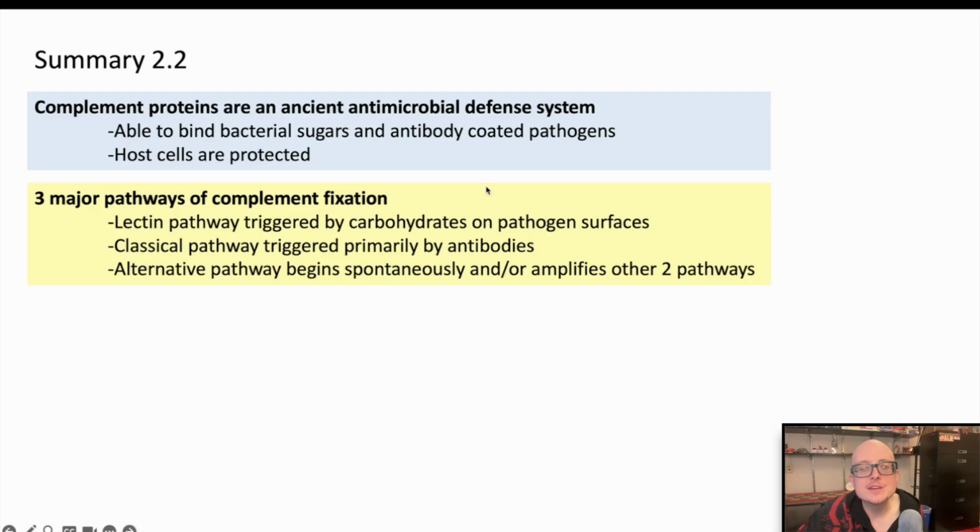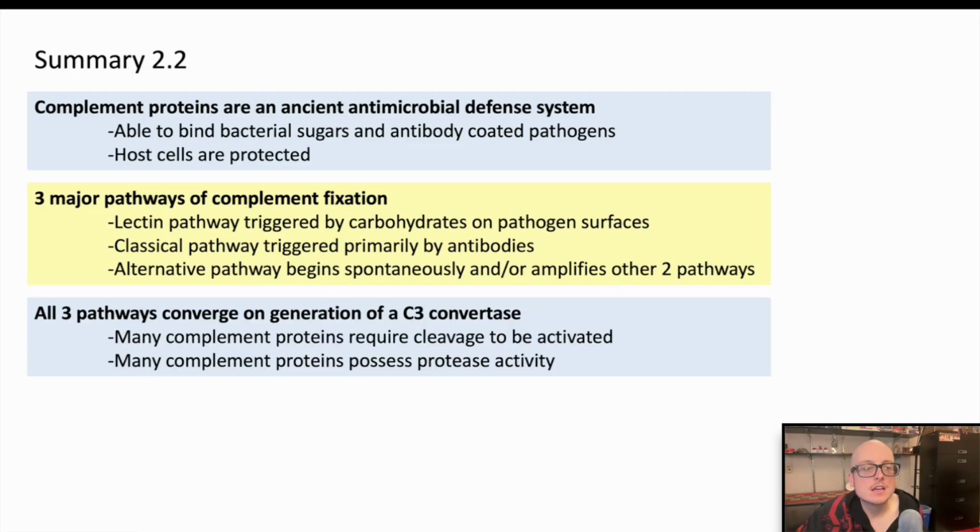And these three pathways of complement fixation were the lectin pathway, which recognizes microbial sugars or carbohydrates, the classical pathway, which recognizes antibody, as well as the alternative pathway, which can either begin spontaneously or through amplification of C3b being produced by the other two pathways. Finally, we highlighted the point that all three of these pathways converge on the generation of a C3 convertase.